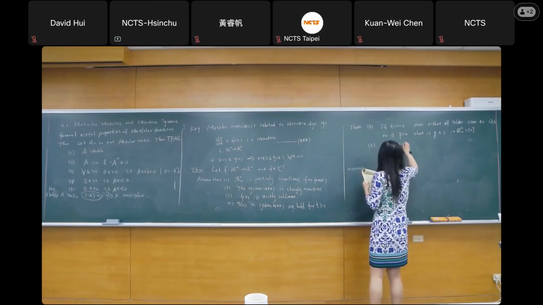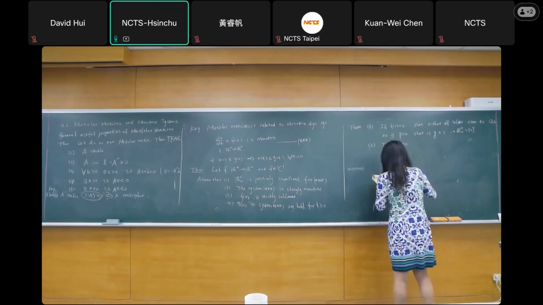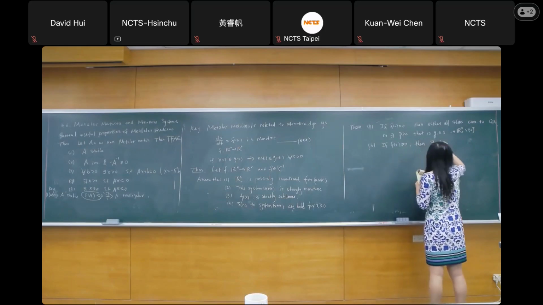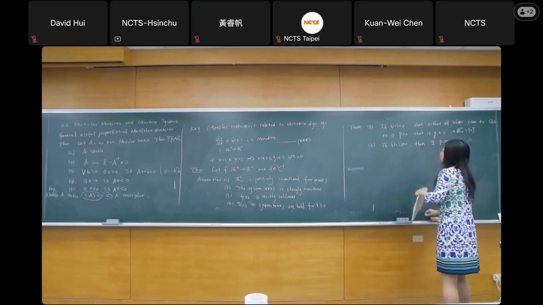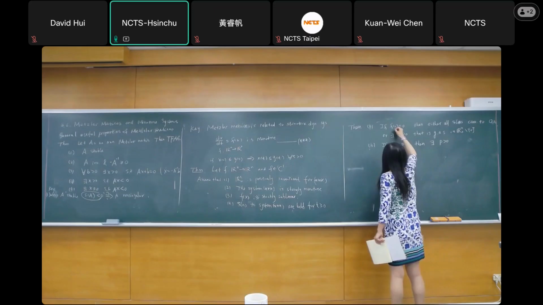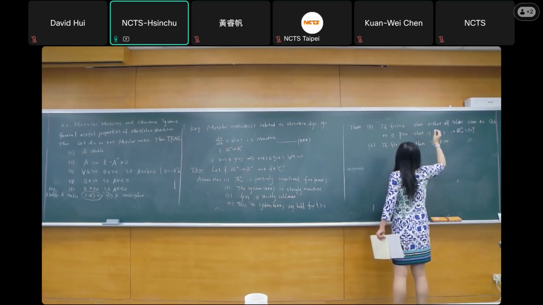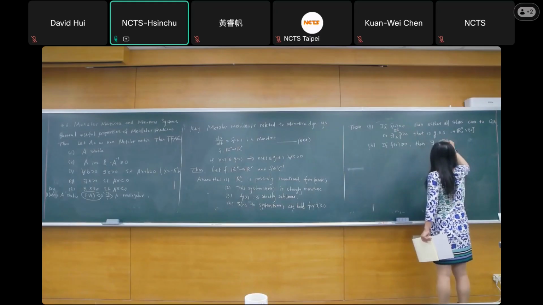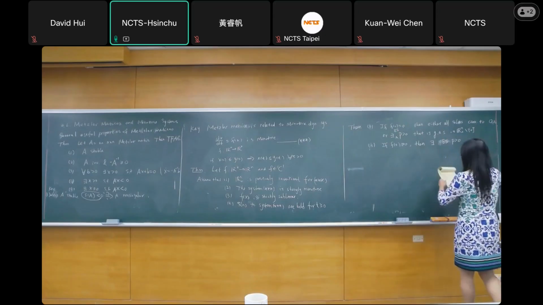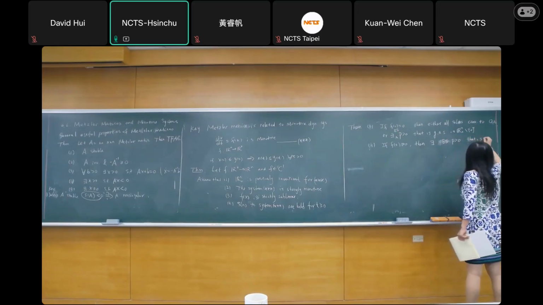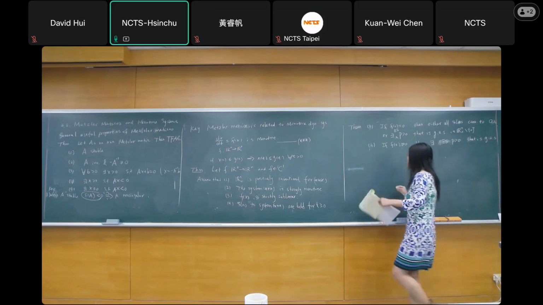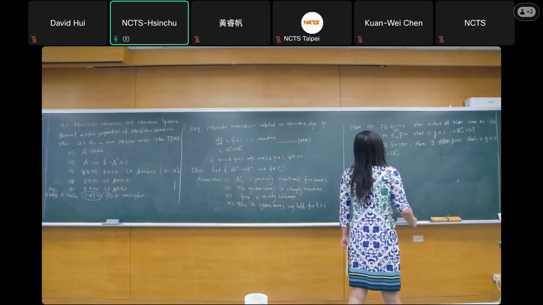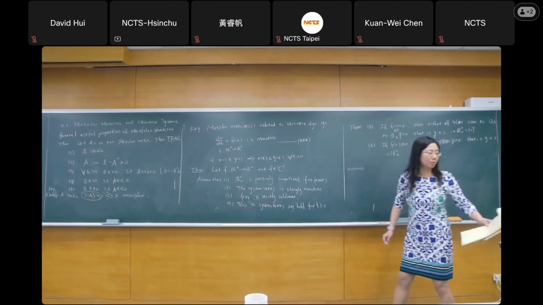If F evaluated at the origin is positive, there exists a positive equilibrium solution, a fixed point, that is globally asymptotically stable in the whole region. This rules out the origin being the fixed point. Let's see what the theorem says.